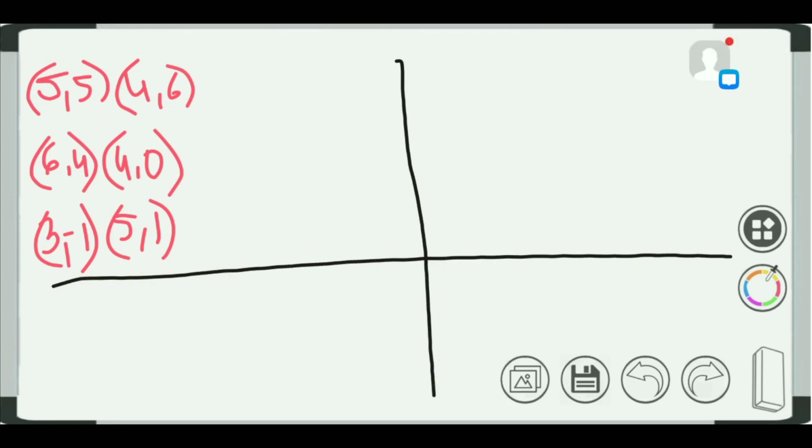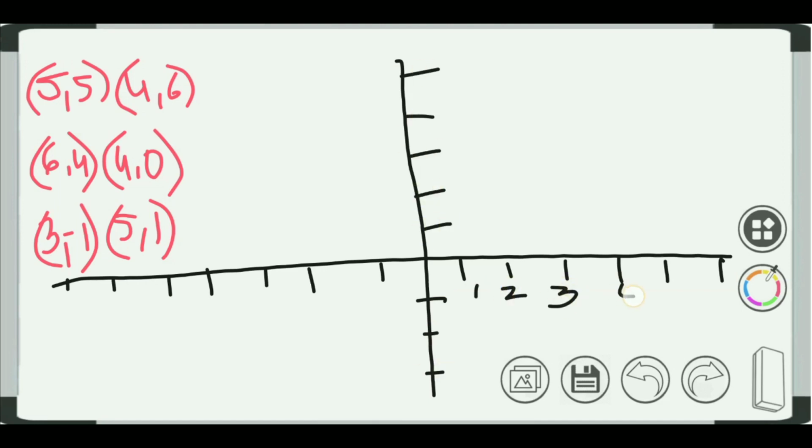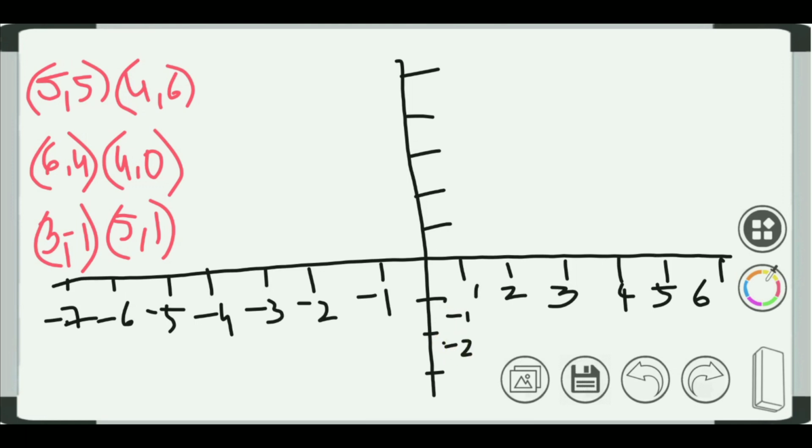I am drawing a Cartesian plane. 1, 2, 3, 4, 5, 6, 7, and minus 1, minus 2, minus 3, minus 4, minus 5, minus 6, minus 7 on the axes. Okay, now we'll plot it.